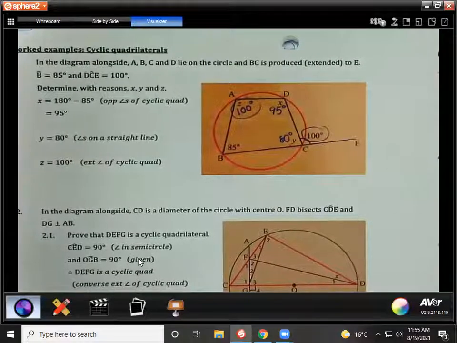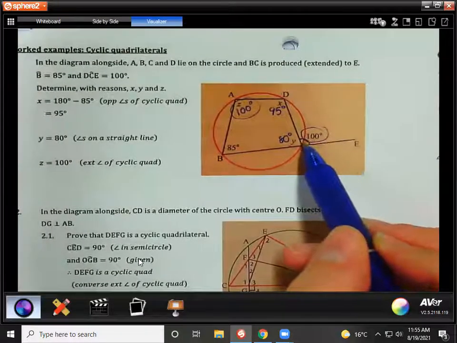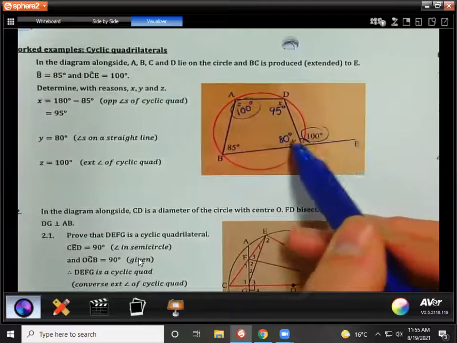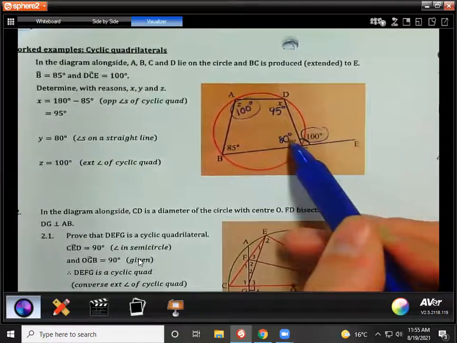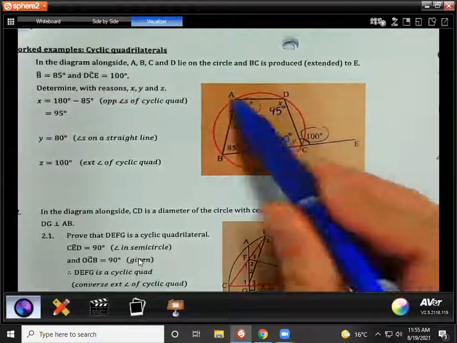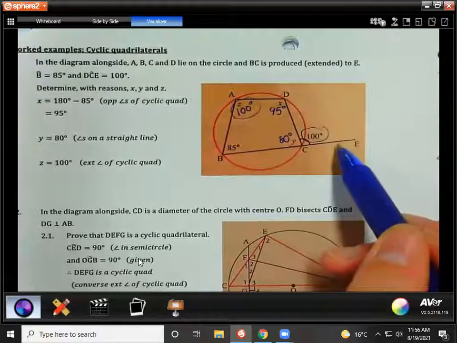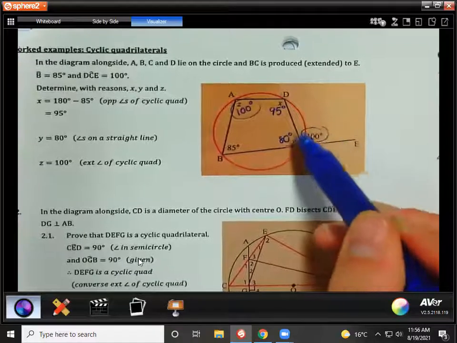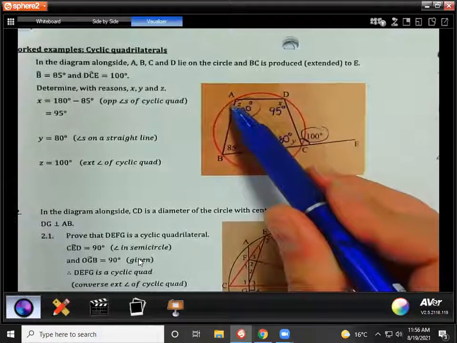It says that the exterior angle of a cyclic quad is equal to the opposite interior angle. So not the one next to it, basically the one that is opposite the one next to it, if that makes sense. I'm going to say that again. We're going to write it down as well, then we're done. The exterior angle of a cyclic quad is equal to the opposite interior angle.